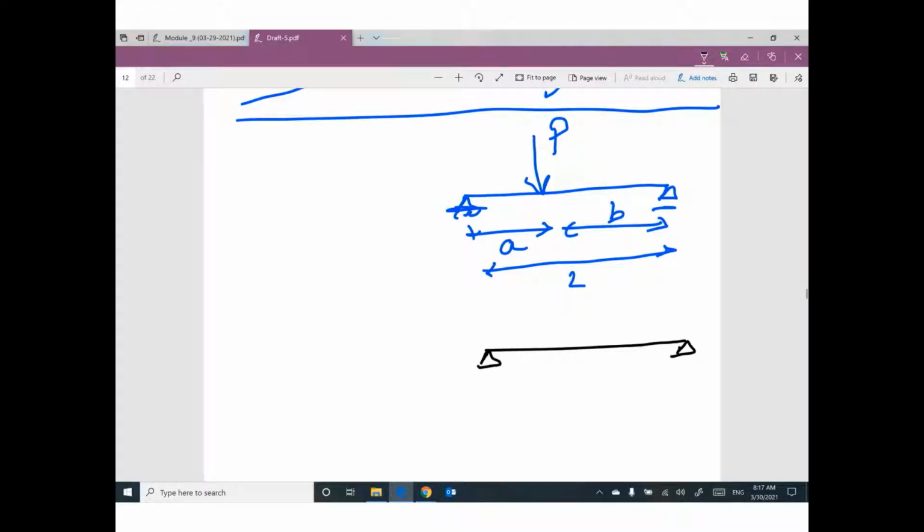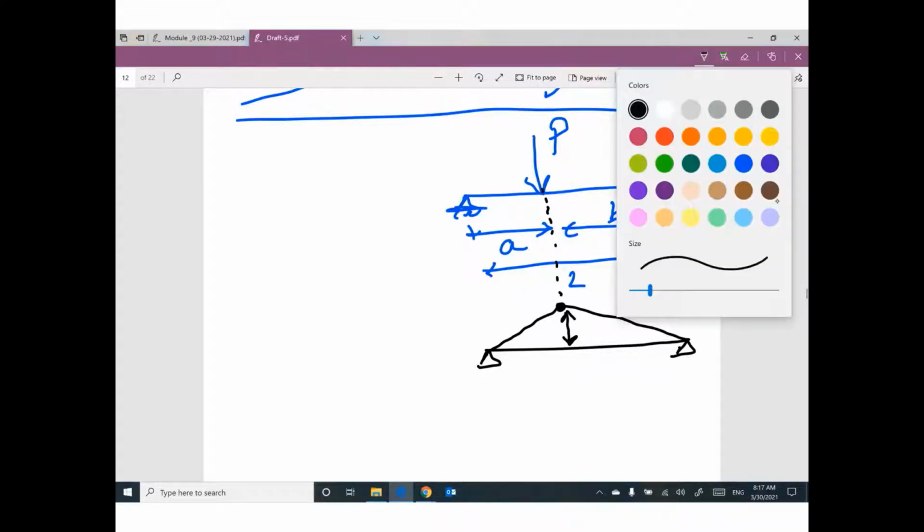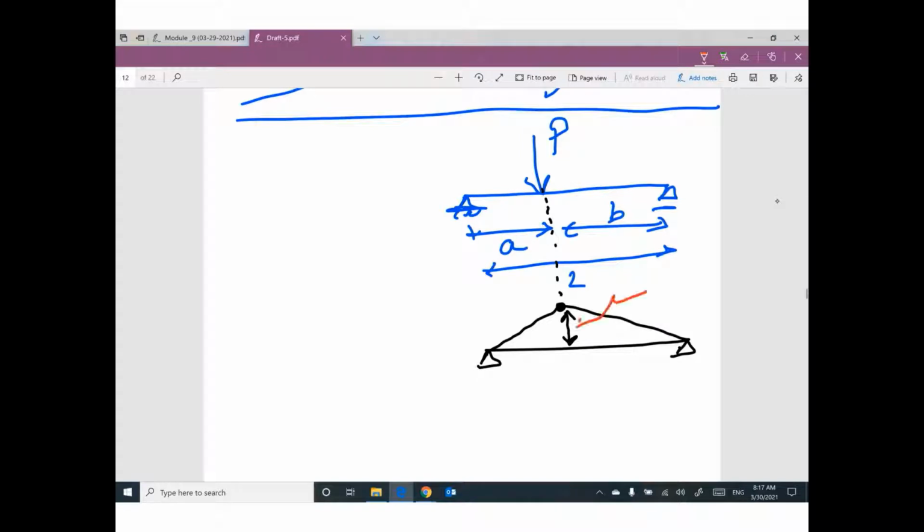The bending moment diagram will be triangle. The vertex of the triangle underneath the location of the load. And here is the triangle. This maximum moment value will be P, the load, times distance A, times distance B, divide the total distance L.